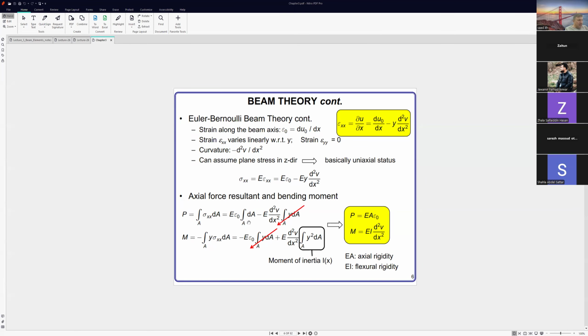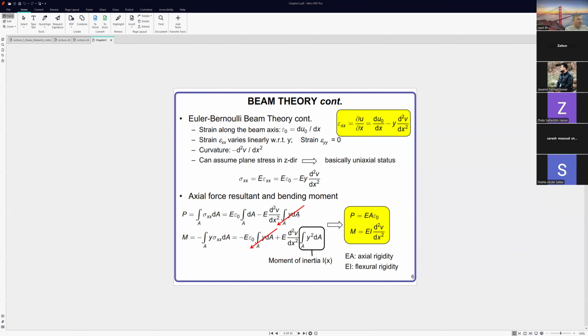For P, the integral of dA is the area A, because we have a uniform area, not a variable area. And what about the integral of y dA?